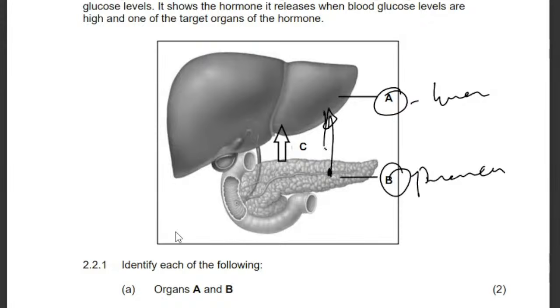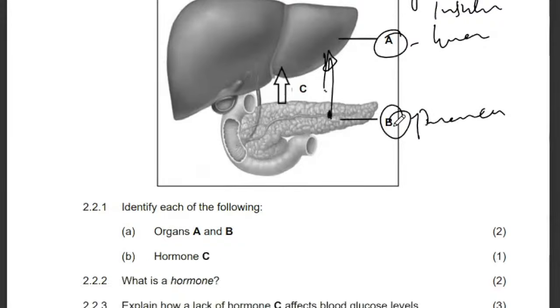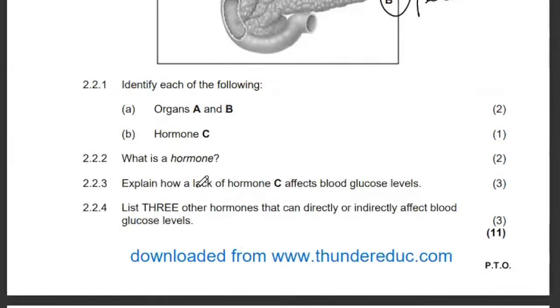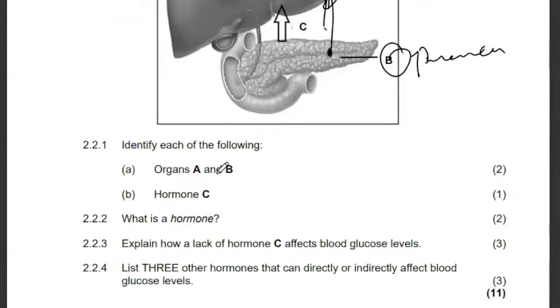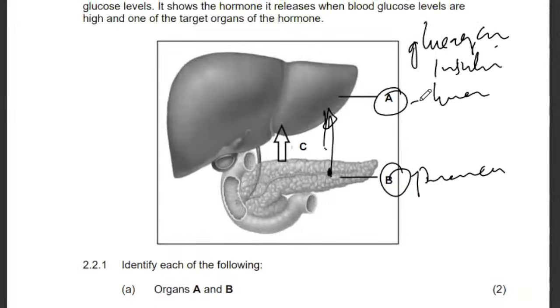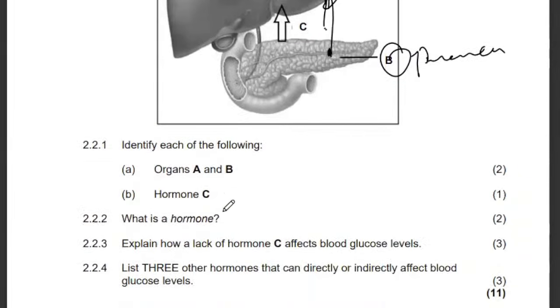But remember that we have two kinds of hormones: glucagon and insulin. Then they are saying to identify each of the following. Number one, organ A and organ B. You have said it: organ A is the liver, organ B is the pancreas.